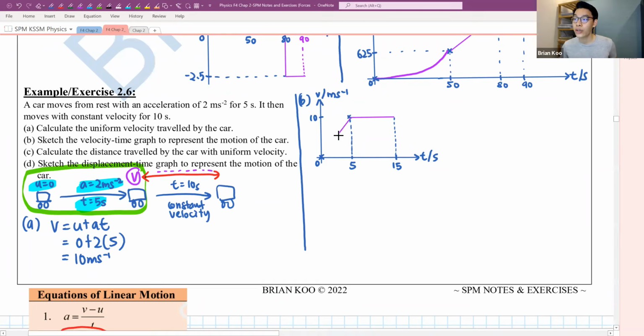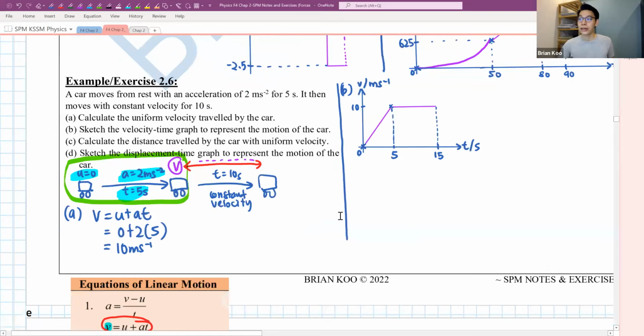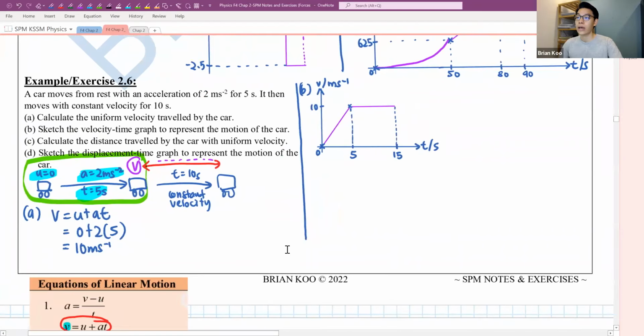When it's a straight line. Can it be a curve? Cannot, because if it's a curve, the gradient is not a fixed value anymore. They told you the acceleration for the first part is 2 meters per second squared. That's why it cannot be a curve. So if you're confused, no, this is not a curve, it's constant acceleration.